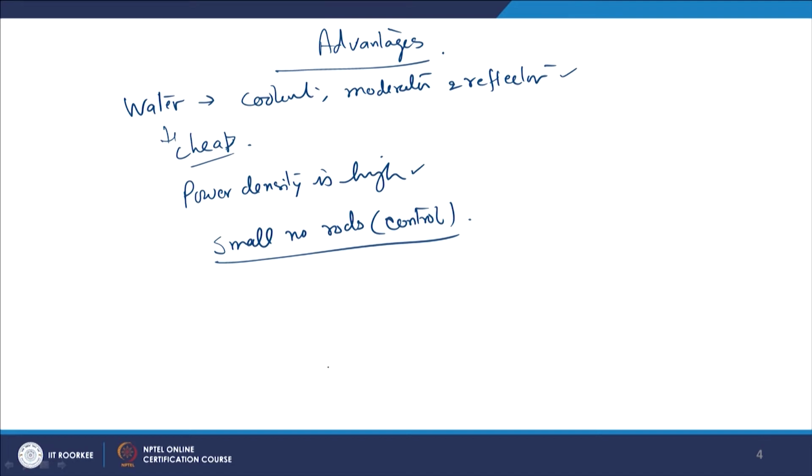And the energy extracted per kg of fuel is high. Power density is high, and the energy extraction per kg of fuel is also high in this type of reactor. It means less fuel will be required for the same power generation compared with the other reactors.